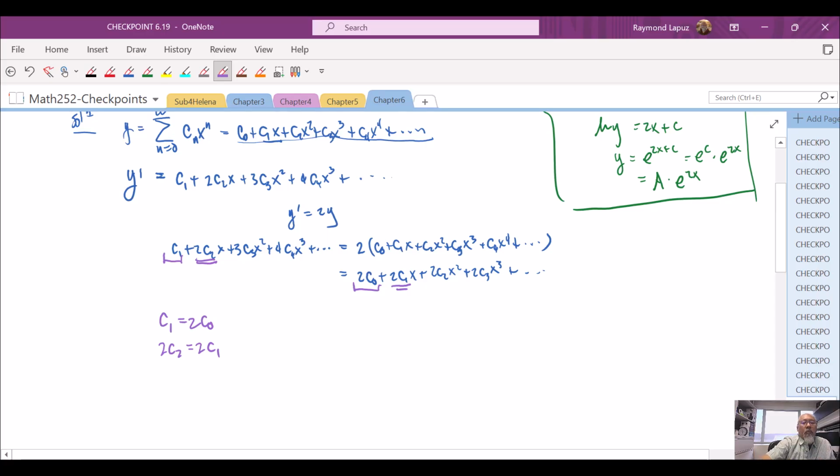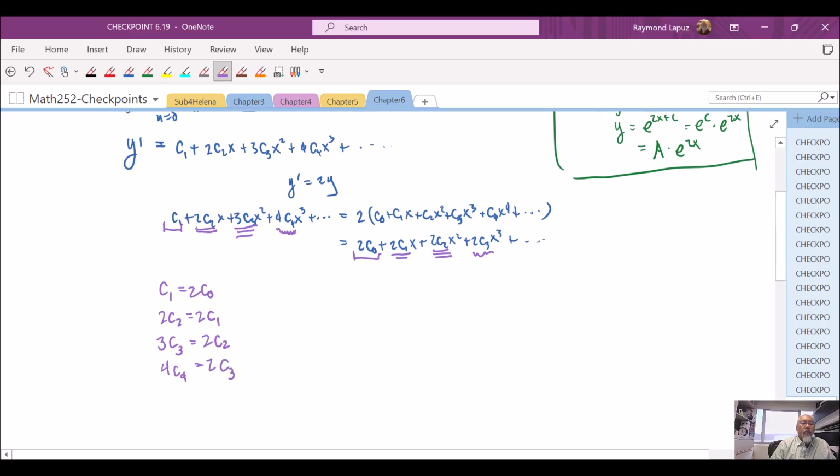The quadratic term on the left side is 3c3, and that is going to equal the quadratic term on the right side, 2c2. And then the cubic term on both sides is 4c4, and that's equal to 2c3.